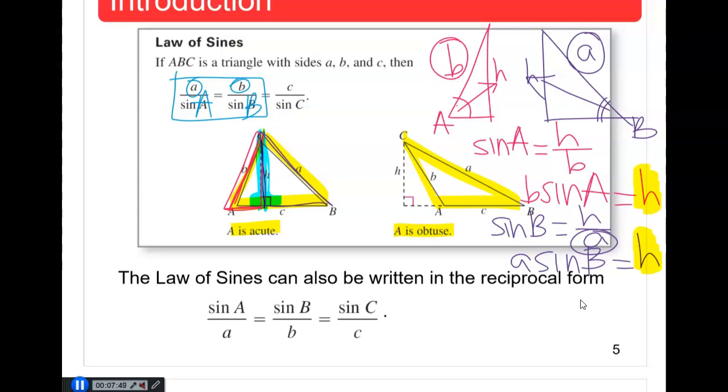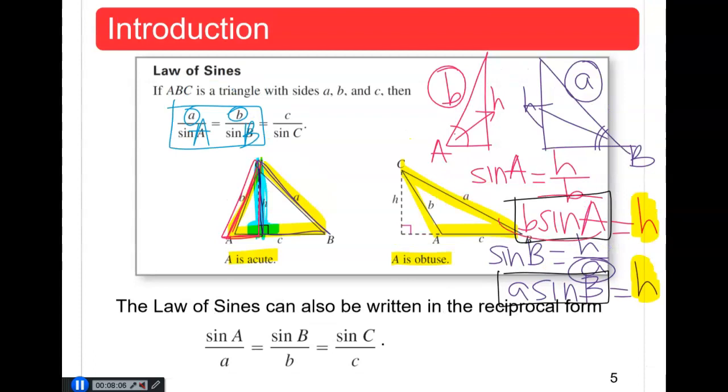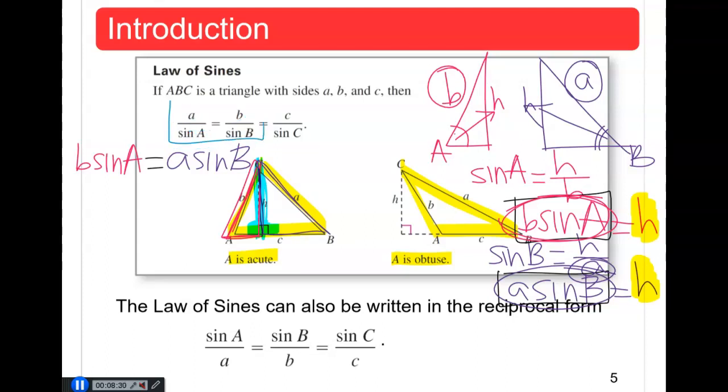And what I'm going to do next is compare one to the other. So it's going to be B times sine A is equal to A times sine B. If I write B times sine A up here, that will be equal to the other expression that we have for H, which is A times sine B. And now what I'm going to do is make it look like the expression that I have here.